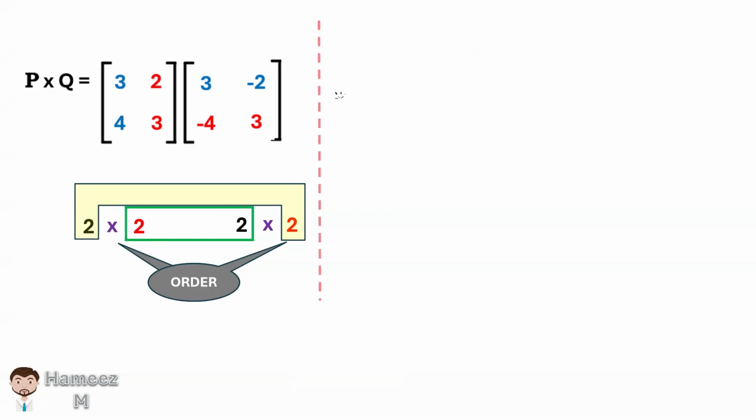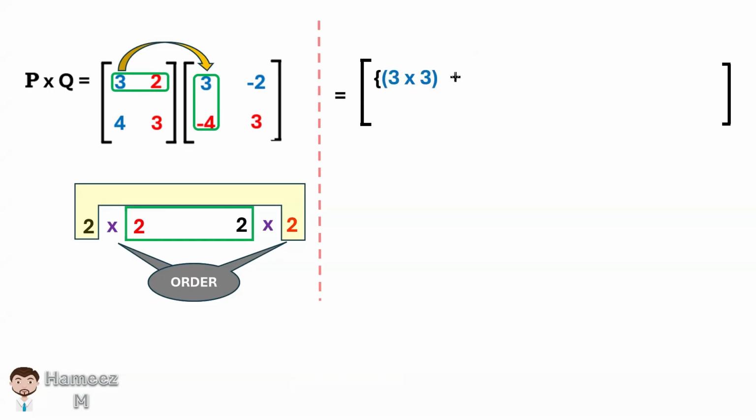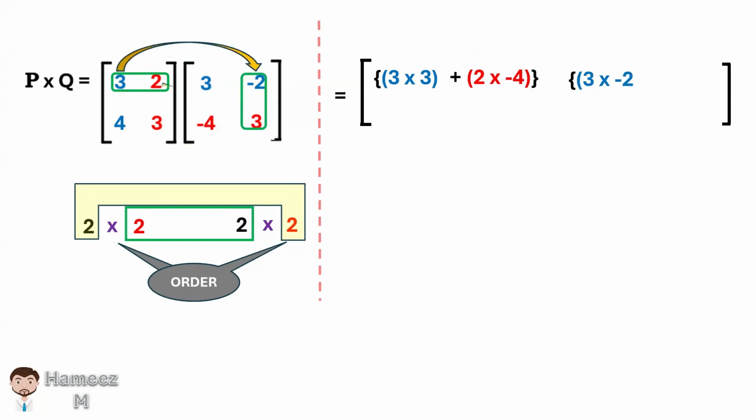So that is going to give us first row by first column, and first term by first term in blue, plus second term by second term, which is in red, and then first row by second column, blue by blue, 3 by -2, and 2 by 3.